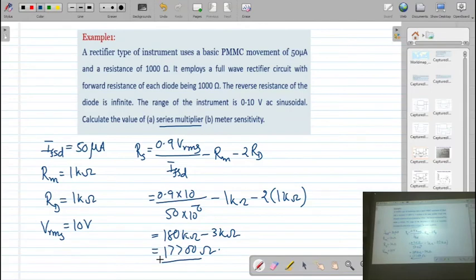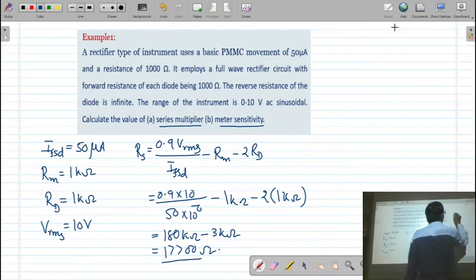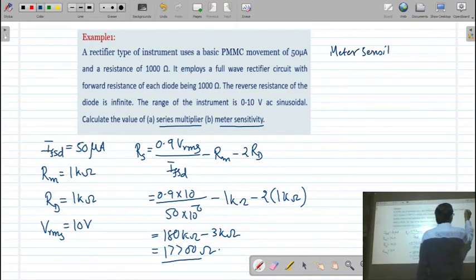Now, what is the second part? That is the meter sensitivity. Remember, meter sensitivity is basically what? It is 1 upon IFSD. But in our case, the current is going to change.